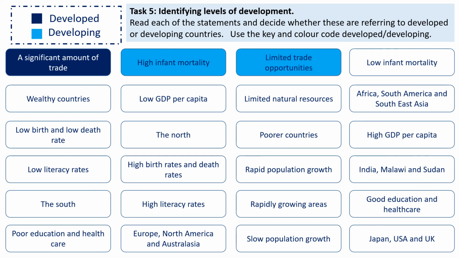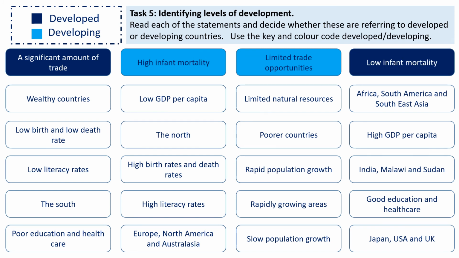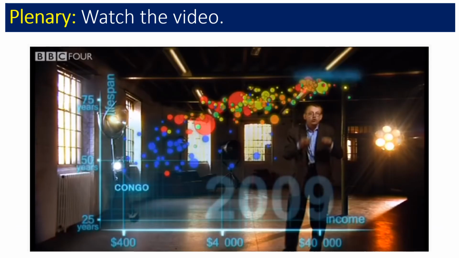Then limited trade opportunities would be referring to developing countries, and therefore the opposite, low infant mortality, would be developed. So what I'd now like you to do is go through and colour code all of these. If you can't colour code them, you can just write developed or developing underneath each of them.